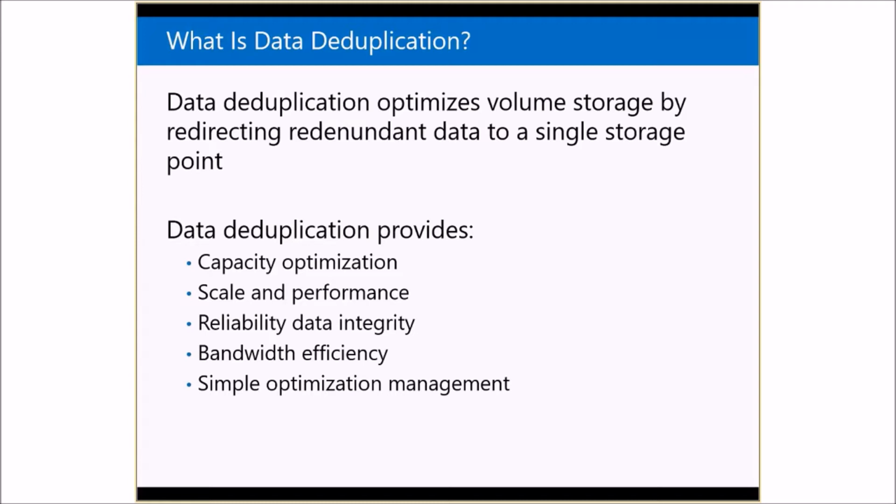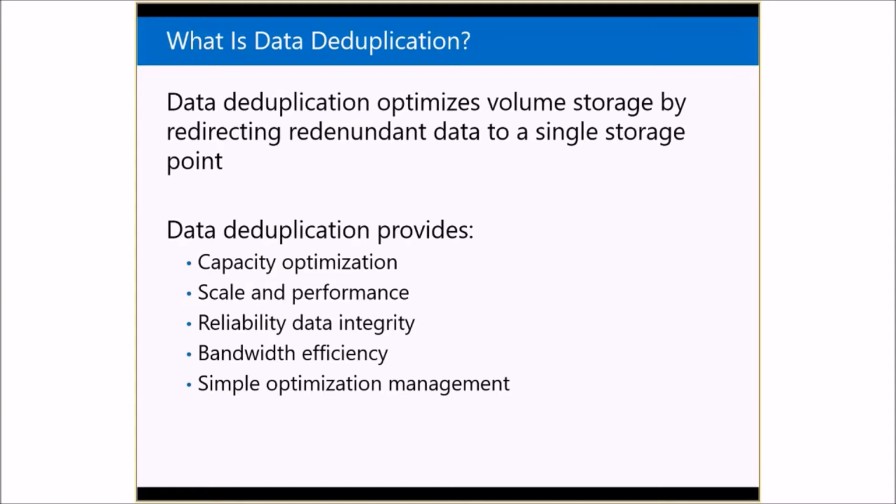So data deduplication provides capacity optimization, meaning that we're not storing redundant data. If it's the same, we're storing it once. It's scale and performance. Basically, it doesn't matter if it's a small size or large size, it works and it increases the performance. There's reliability and data integrity.